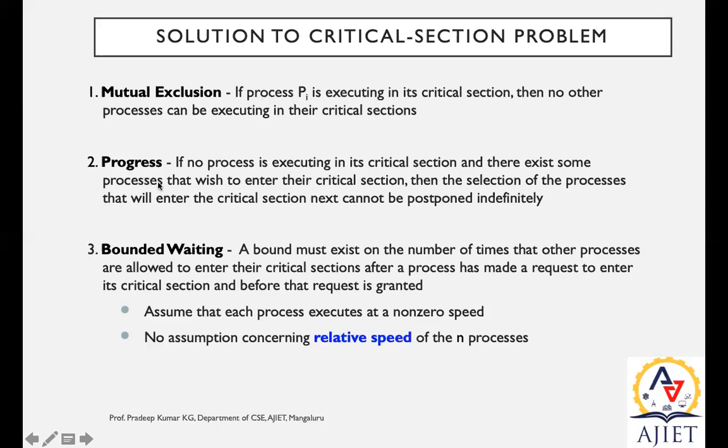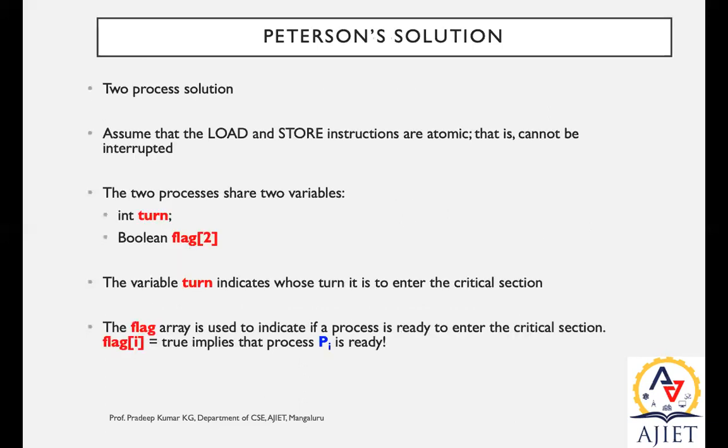Progress means if no process is executing in the critical section, based on the entries in the entry section, we can make a selection to execute in the critical section. Bounded waiting means a proper limit or bound can be set up to execute the critical section for each process.